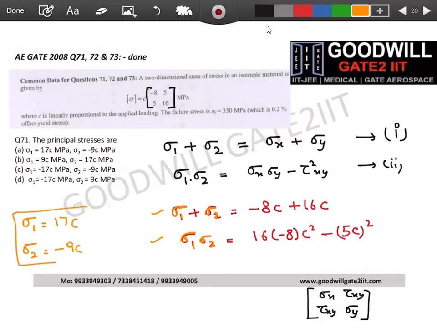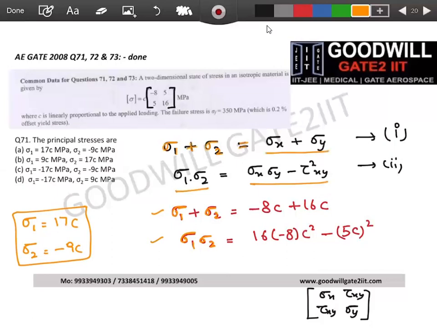And this is nothing but our eigenvalue approach. So what are the steps to remember, guys? Most of the time I prefer this method, and you will come to know why in the next numerical itself. I'm again repeating this. Sum of principal stresses is equal to the sum of diagonal elements. Product of principal stresses is equal to the determinant.